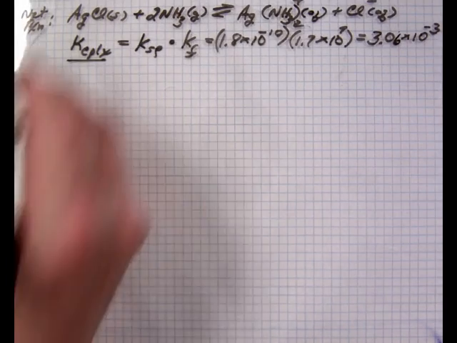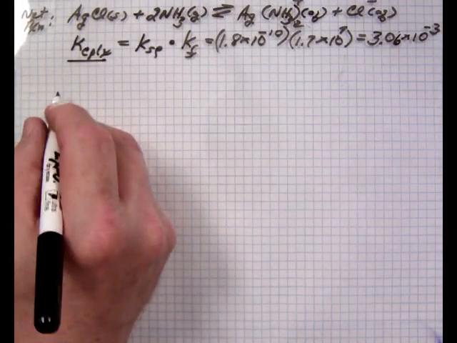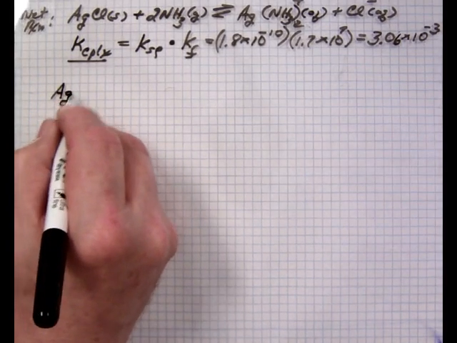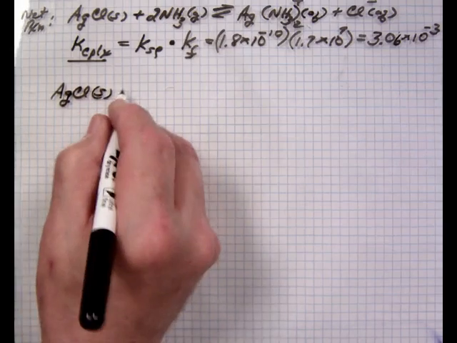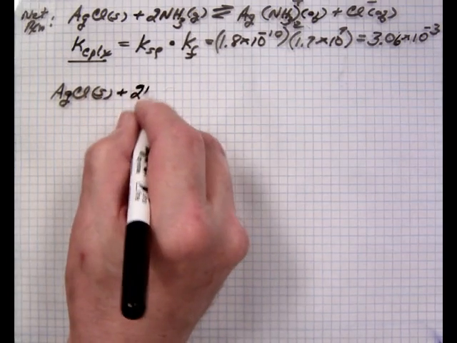So I'm going to move this up. Let's rewrite our complex equation and apply it to the ICE table.